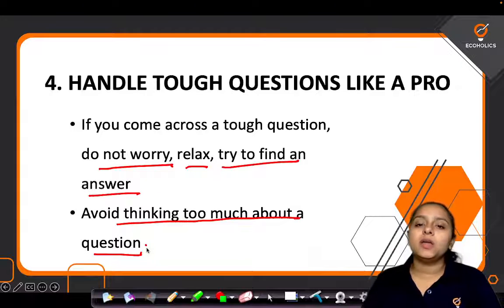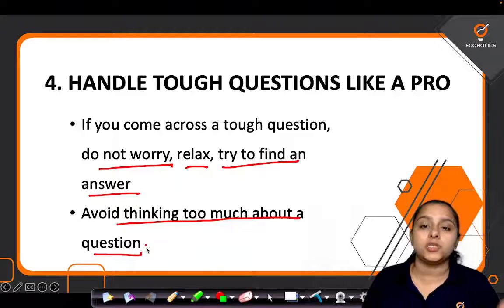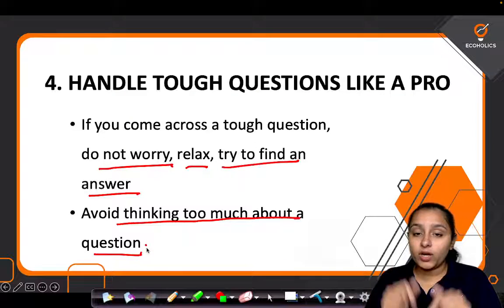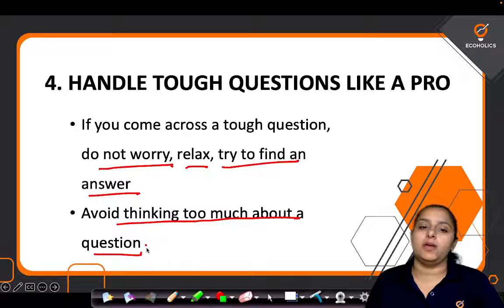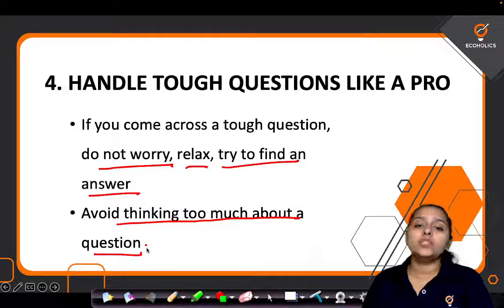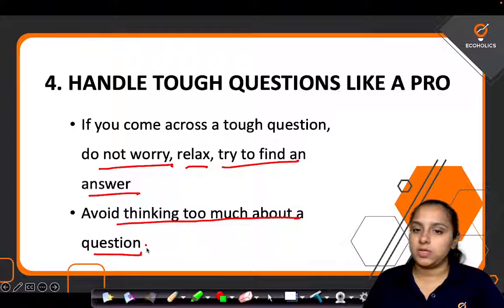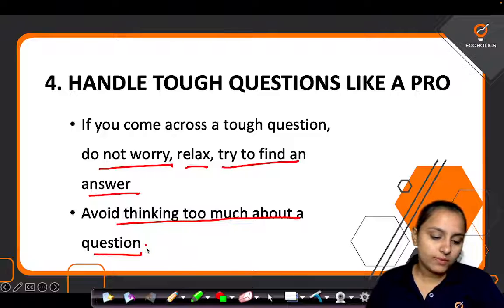Like I am attempting another set of questions and I'm still thinking about the question which appeared 5 minutes ago, which you should not do. Because if you keep on doing this, जो question you are attempting right now, वो भी गलत हो जाएगा. Right? So avoid thinking too much about a question. Don't do that. You should not be making such mistakes. Okay?